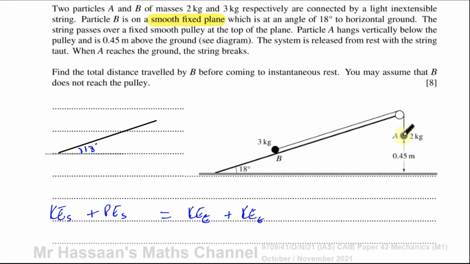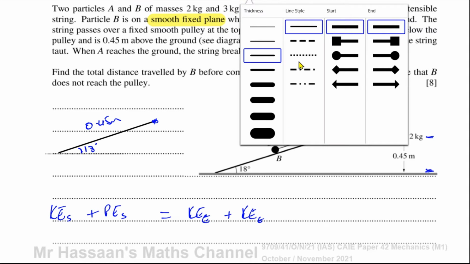A moves from where it starts here and ends there. B starts from here and ends there. That distance is 0.45 meters at the beginning. What I'm going to try to do is work out what the speed of B is by the time it reaches this point here, and I'm going to use energy methods to do so.